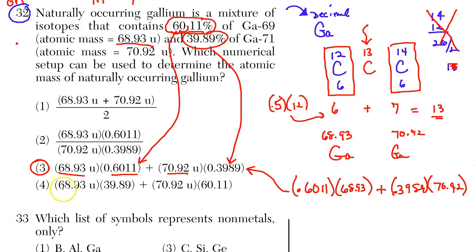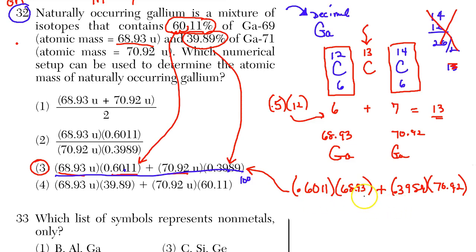All right, now, just so you know, I've seen choices where they used the 60.11, but then they divided this by 100 to do so. Now, you don't have to do that, but you should be able to recognize what this was. This is the classic weighted average problem. Okay, you don't even have to come up with the answer, and a lot of times in part 2 they'll just ask for the setup or the answer.